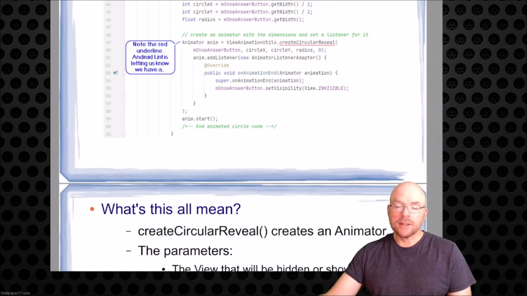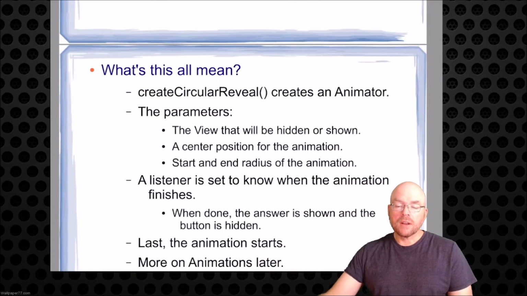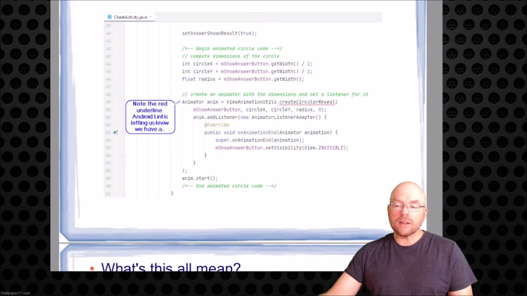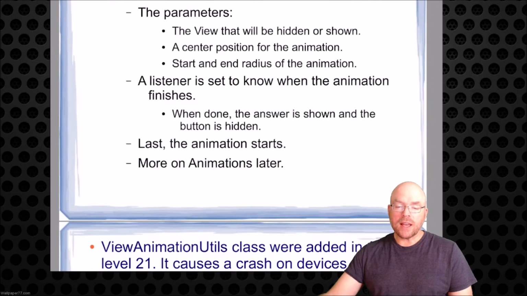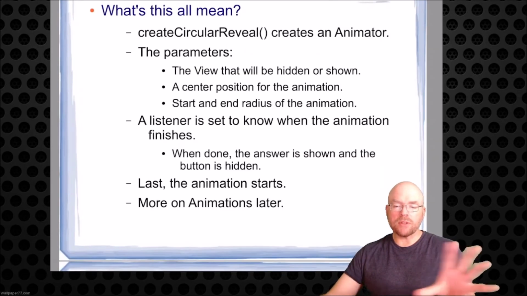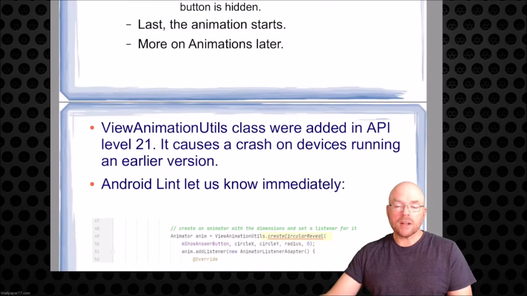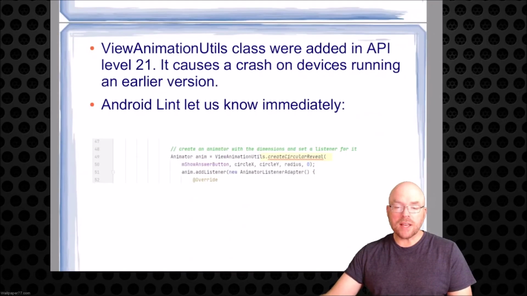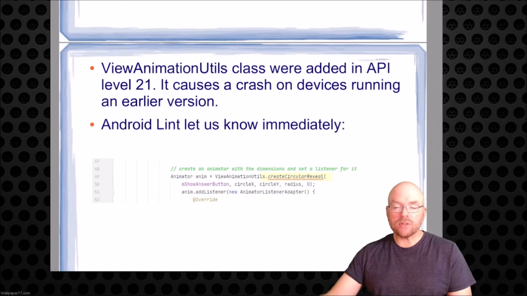Here's a little description of what the circle does and all that code, if you're interested. What happens is that Android Lint is telling us this is a problem because this class, ViewAnimationUtils, came out in API 21.